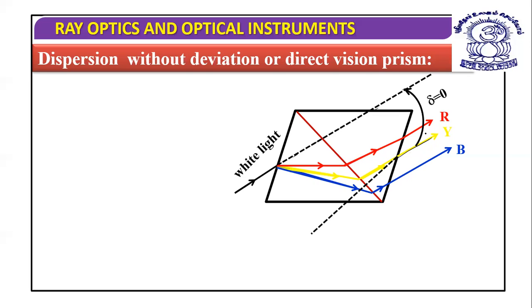So the angle between them will be 0, so the deviation angle will be 0. If the angles of crown and flint glass prisms are so adjusted that the deviation produced is 0, then it is called dispersion without deviation.